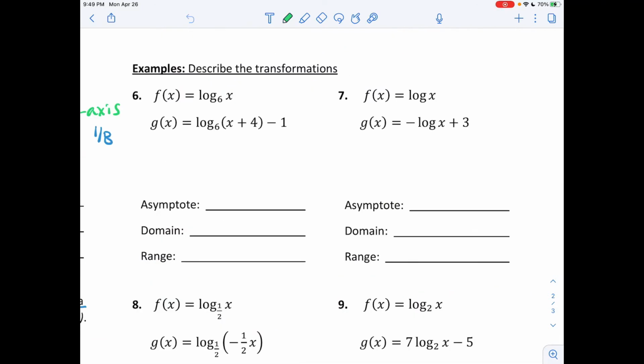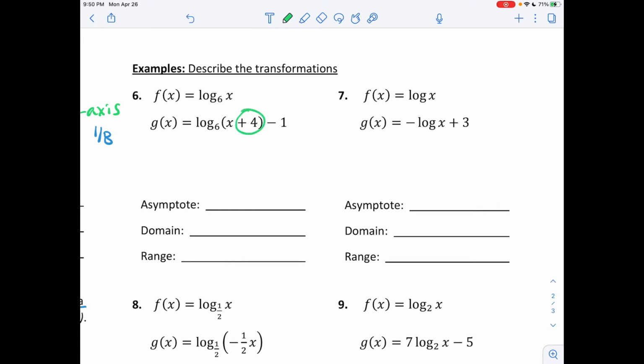Let's look at some examples. For this first one, I'm starting with log base 6 of x. So that's my more generic log base b of x form. And my transformed function is log base 6 of x plus 4 minus 1. So just like before, I want to identify the things that are different.